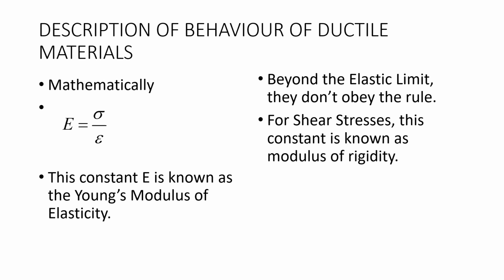E is called Young's modulus of elasticity. Beyond the elastic limit, they don't obey the rule. For shear stresses, this constant is called the modulus of rigidity. So this is called modulus of elasticity in terms of tensile and compressive strength, but in terms of shear forces, this is called modulus of rigidity.